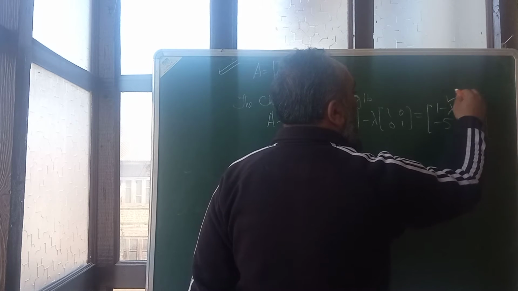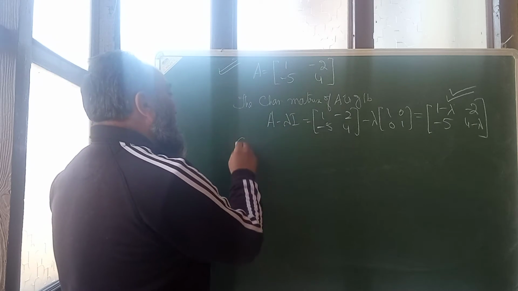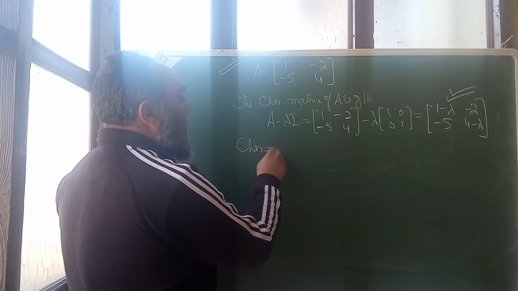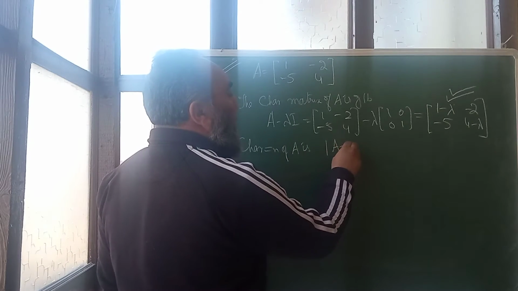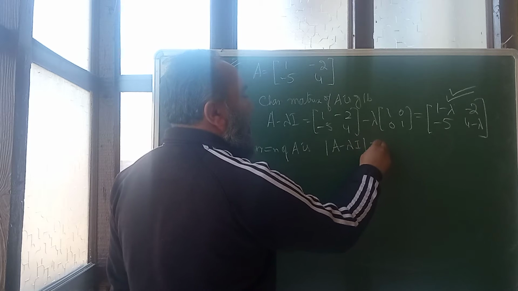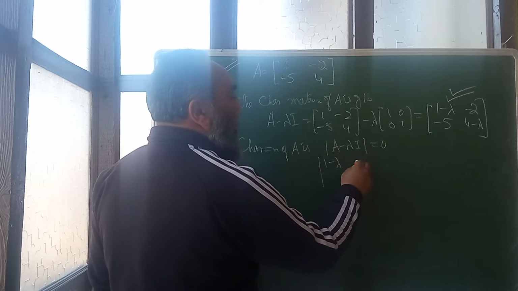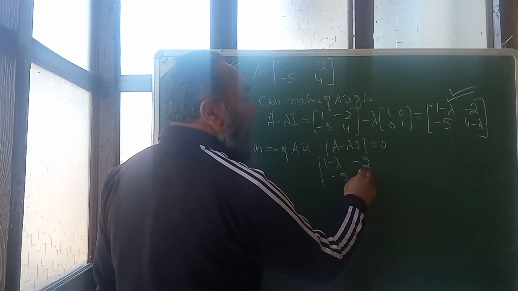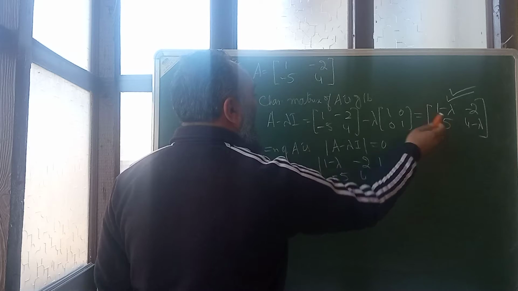So this is the characteristic matrix of A. The characteristic equation of A is determinant of A minus lambda I is equal to 0. That is determinant of 1 minus lambda minus 2 minus 5 4 minus lambda is equal to 0.